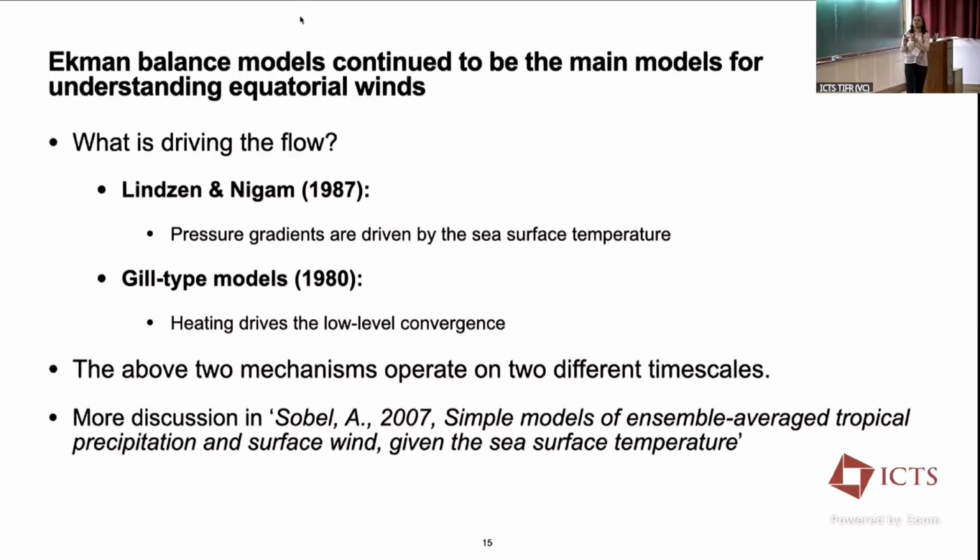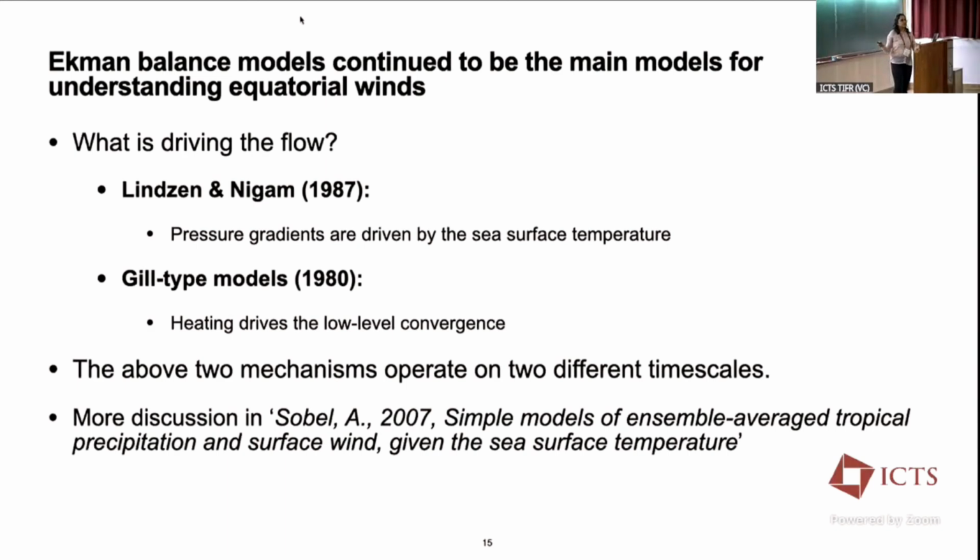The first is the Lindzen and Nigam type of Ekman balance models, where the pressure gradients are thought to be driven by sea surface temperature gradients. And there are the Gill type models, where the low-level convergence within the boundary layer is a result of the latent heating in the middle atmosphere.